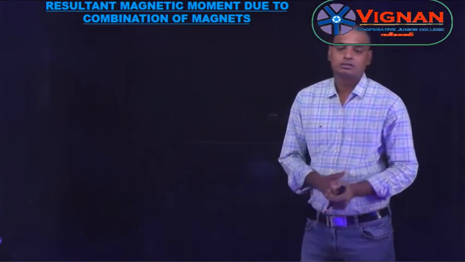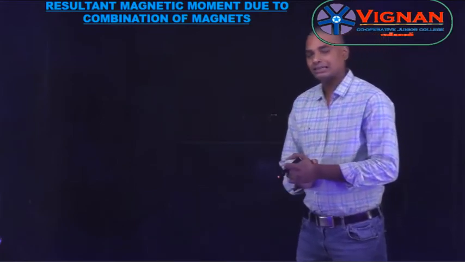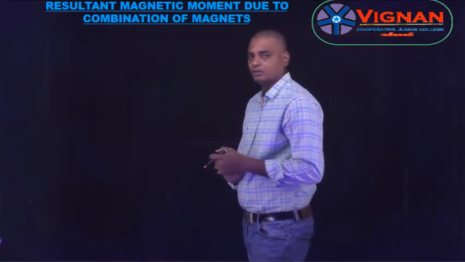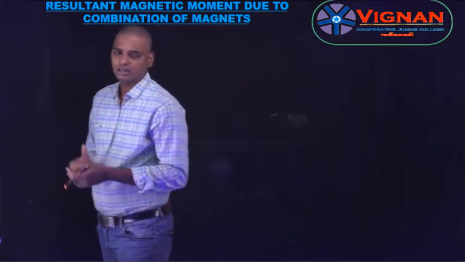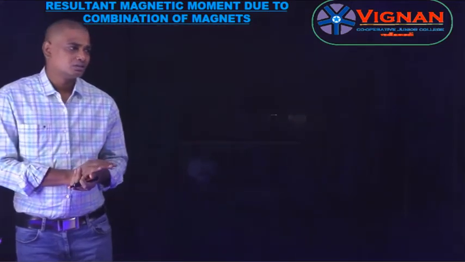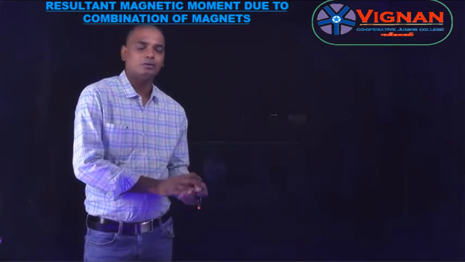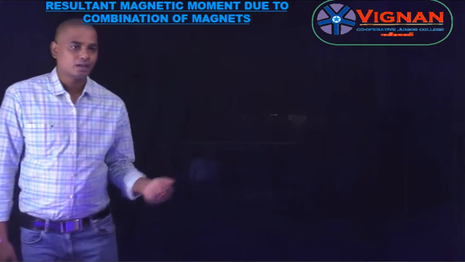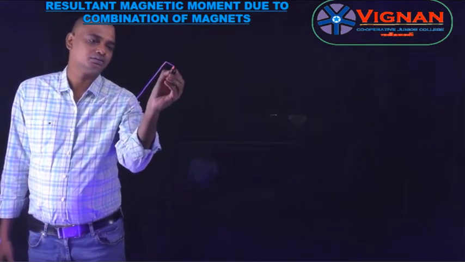Okay. Now let us see what happens to the resultant when three or more bar magnets are placed. In the given example, let us consider identical bar magnets, each with magnetic dipole moment M, placed in the form of an equilateral triangle like this.